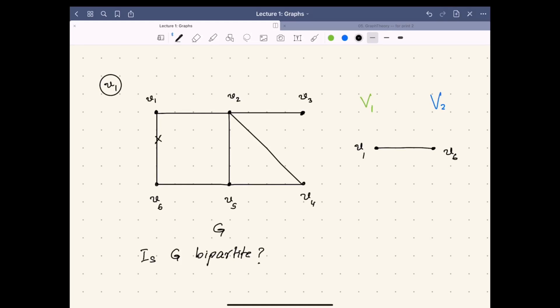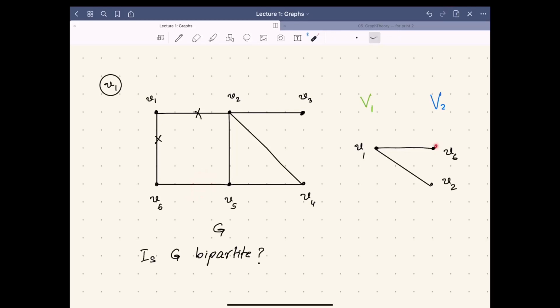Now let's go for V1 and V2. Since V1 and V2 are adjacent, V1 is already here. So we need to put V2 on the other side, which is in V2. And there is an edge between these two, and this edge now is covered. Let's go for now V6, V5, which is this one.